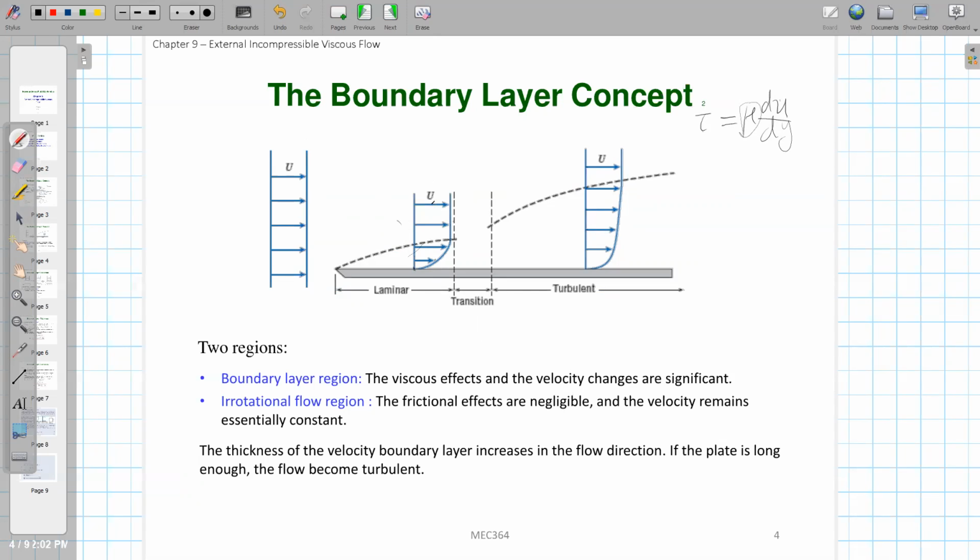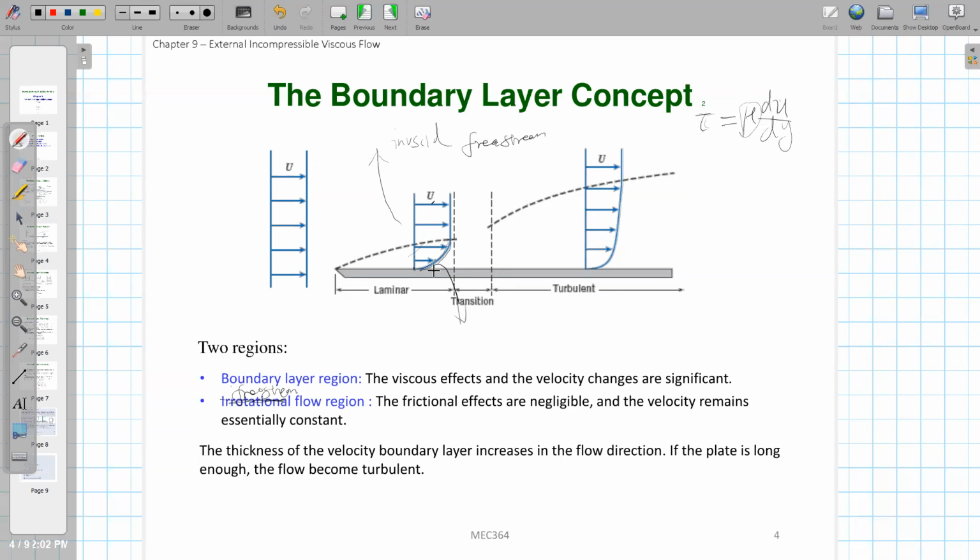So that's the reason that for outside we call this the free stream, the inviscid free stream region. And inside, because you have this large velocity gradient, from this equation we know that tau will not become zero.